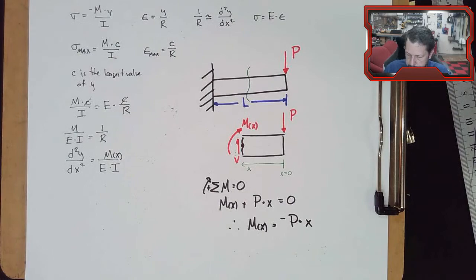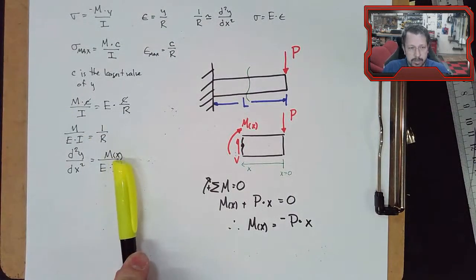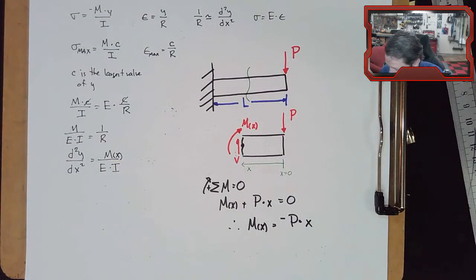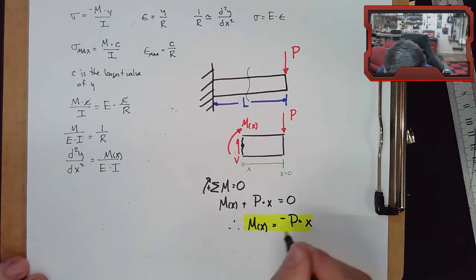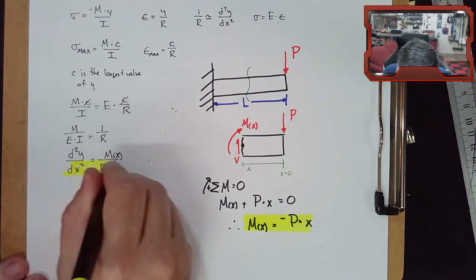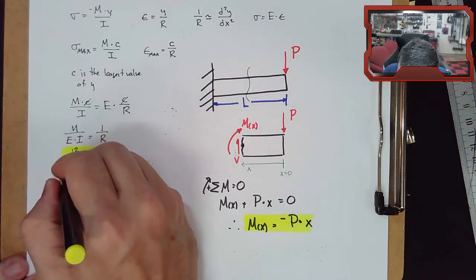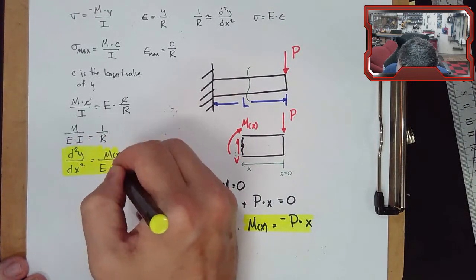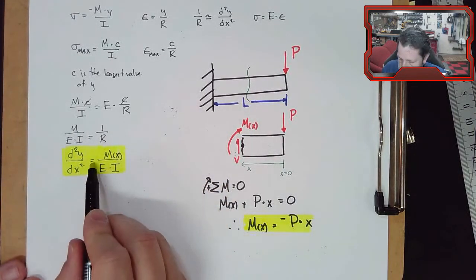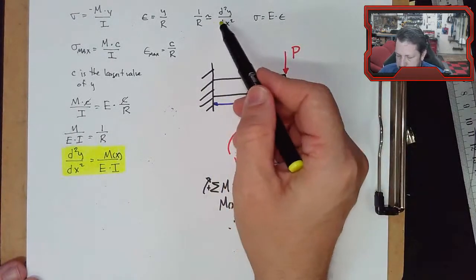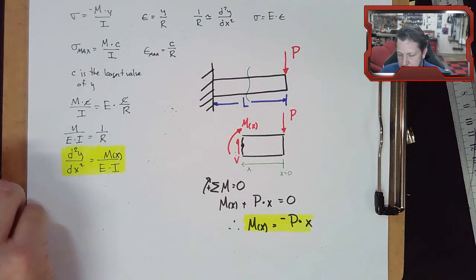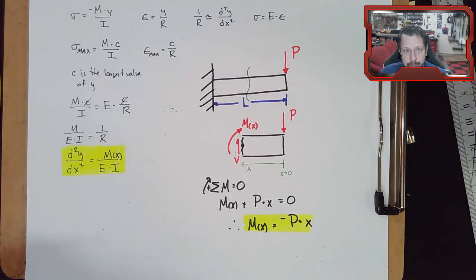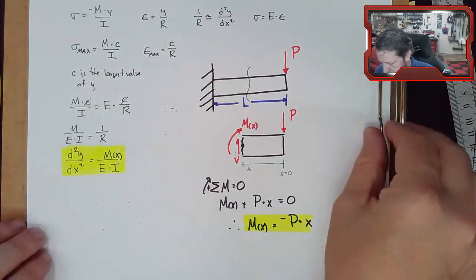That's what we're going to put in here and do our integrating. So that's important. This was important too. Now, I put an equal sign here, but this is an approximation. But as long as your beam is not really deforming, then it's a good approximation.